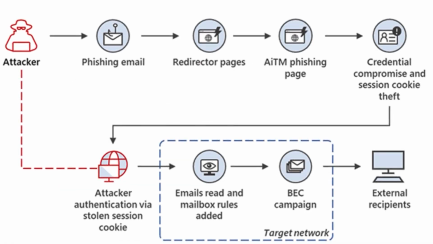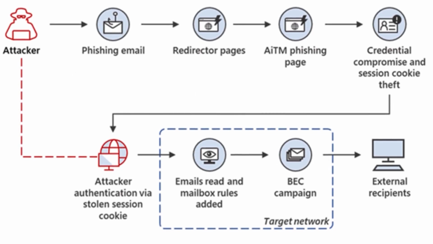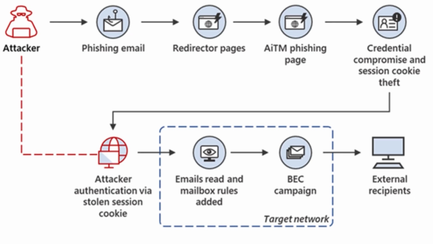Here is the diagram. Suppose this red one is the attacker, and it provides the phishing email, then redirection pages, an AiTM phishing page, then credential compromise and session cookie theft. Now the attacker authenticates via the stolen session cookie which he or she has obtained. Then emails are read and mailbox rules added, then a BEC campaign, and then external recipients.